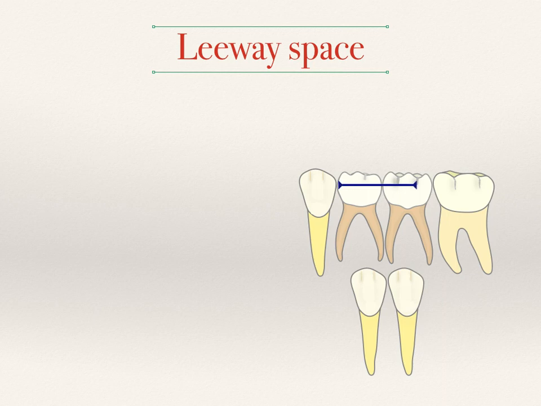The sum of the mesiodistal widths of the first and second deciduous molars is larger than the mesiodistal widths of the premolars by about 2.5 millimeters.